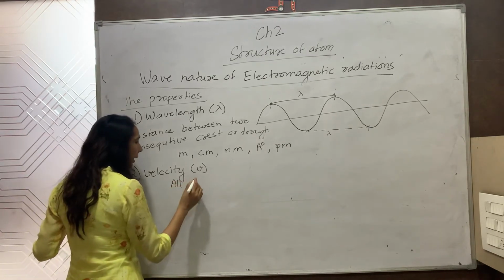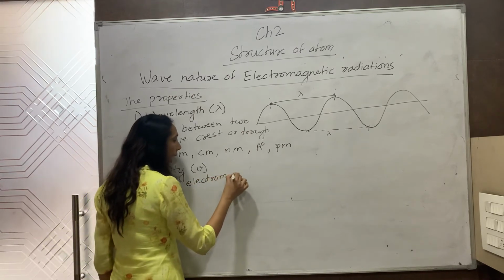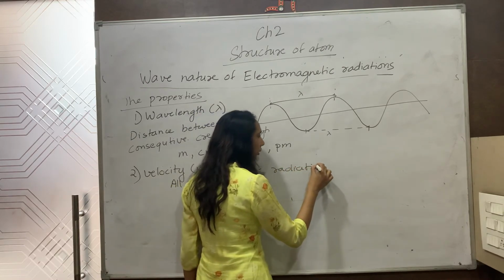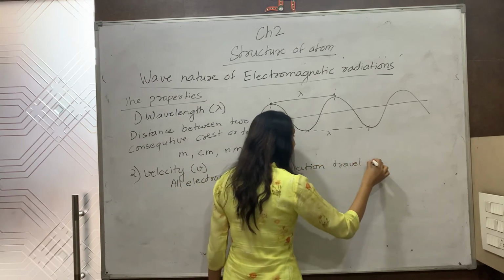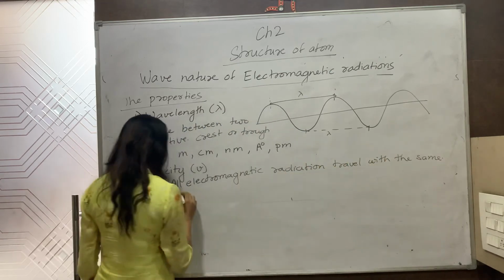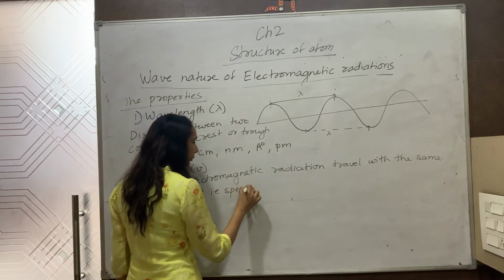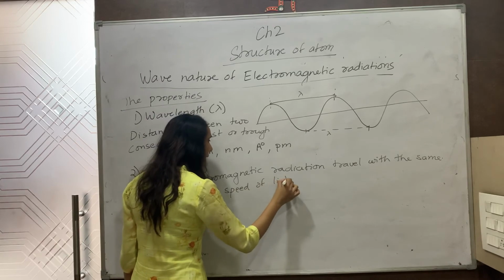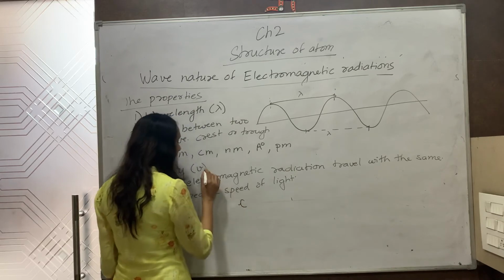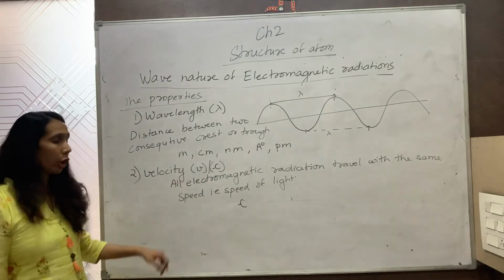All electromagnetic radiations travel with the same speed, that is the speed of light, represented by c.